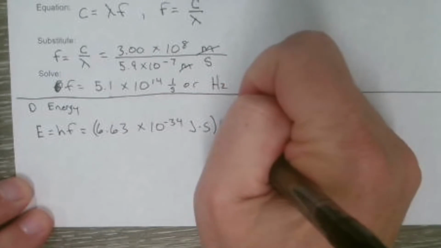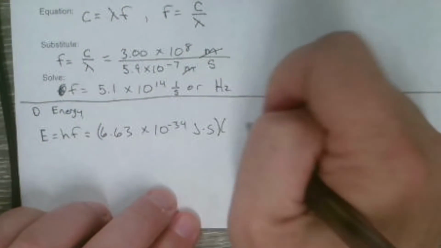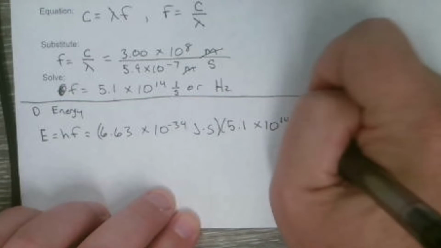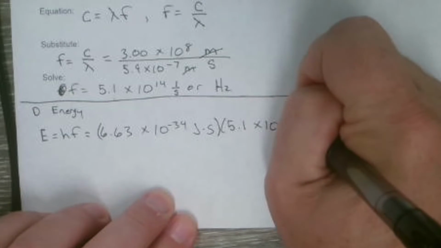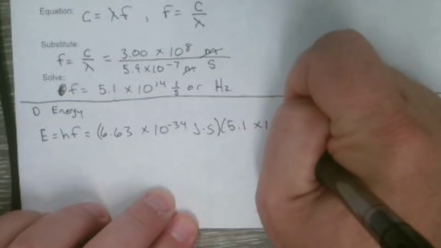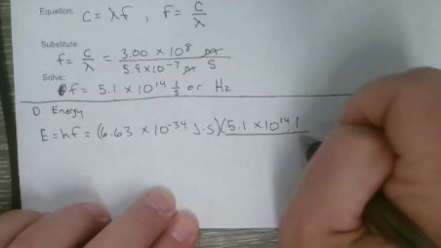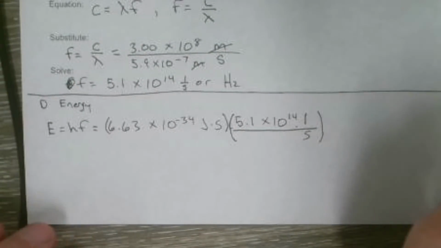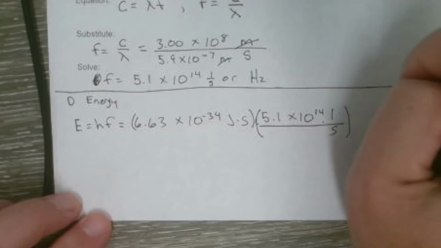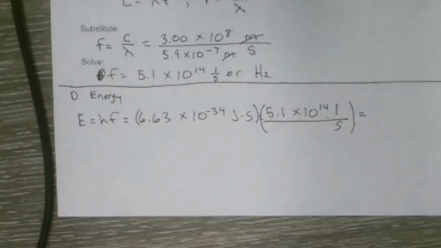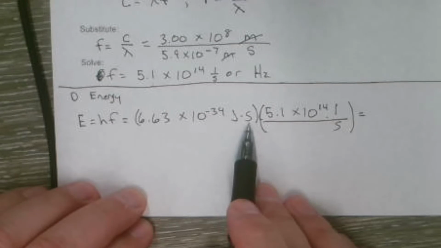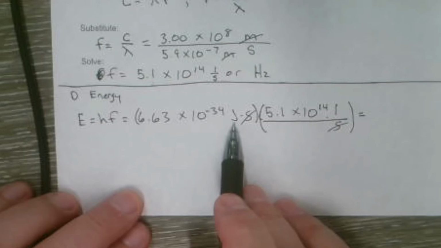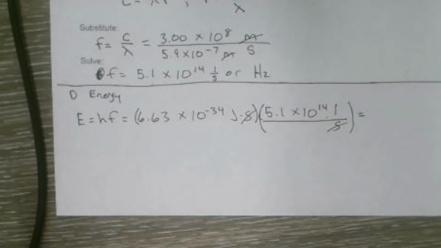And you'd multiply that by your frequency, which was 5.1 times 10 to the 14. Instead of writing a hertz, let's go 1 over a second. It's the same thing, but this will help you cancel your units better. And if you notice right here, see how we have seconds on top, seconds on bottom, cancel. And that leaves us with the only unit left over is joules. So our answer is going to have to be joules.